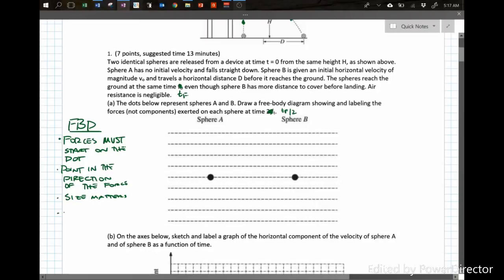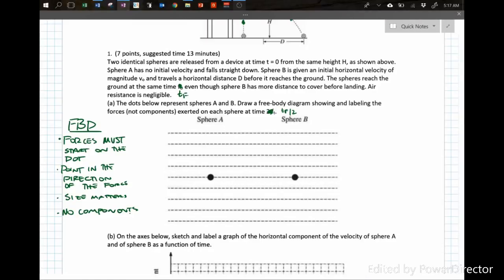And then what's very, very important is that there's no components on this drawing. Sometimes forces point to the left at an angle, and our general strategy is to break that force up. We're not going to do that here on the specific free body diagram that the College Board asks for.